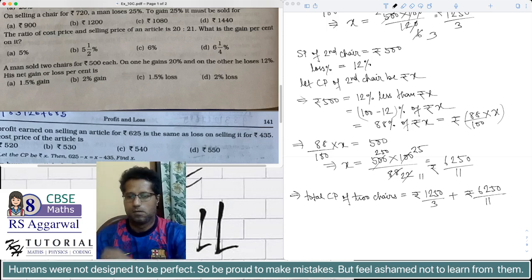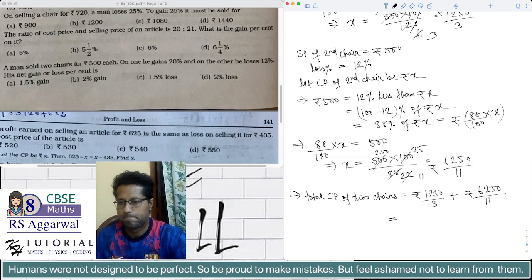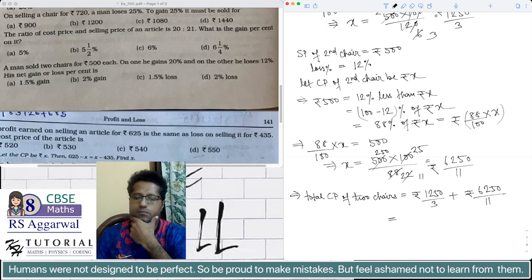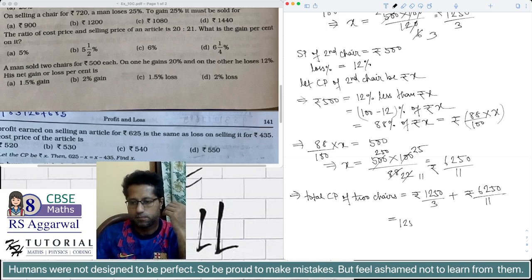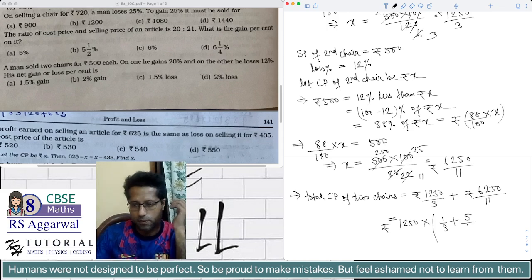Now this is equal to, now in simplifying this sum, I think we can take 1250 as common, and we have 1 by 3 plus 5 by 11.